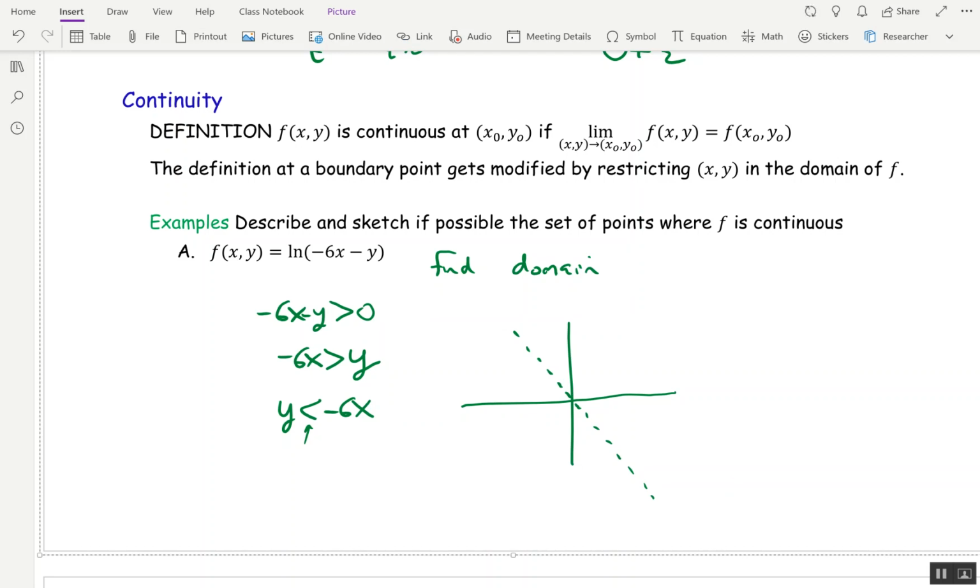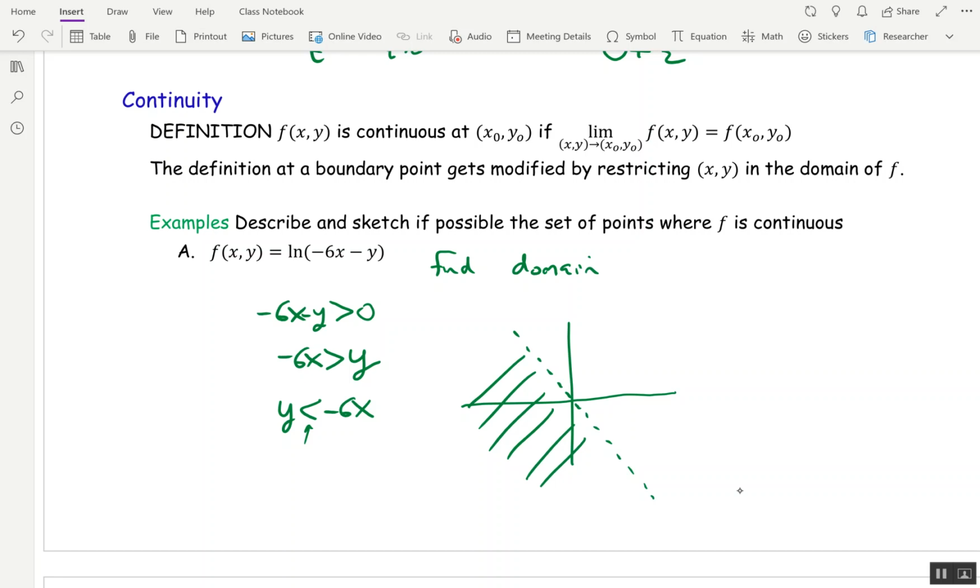Well, if I want y less than negative 6x, I want to be below that line. If I wanted greater, I'd be above, but I want to be less, so I'm going to go down there. So there's your domain, and it does not include that dotted line. If this had been a greater than or equal to, then that dotted line would be a solid line, but it's not. So take that away.